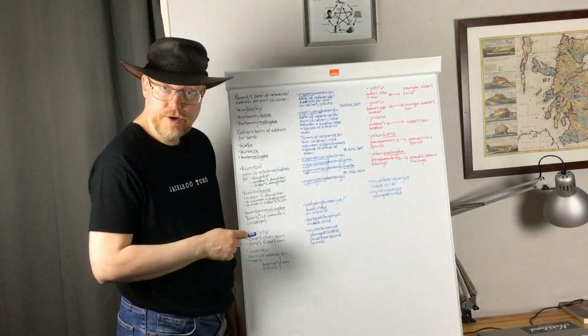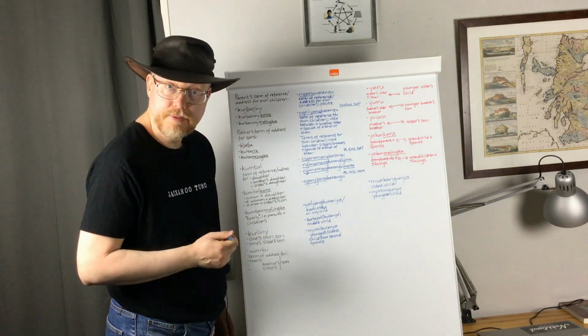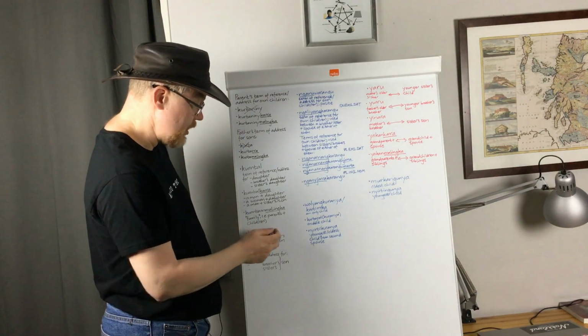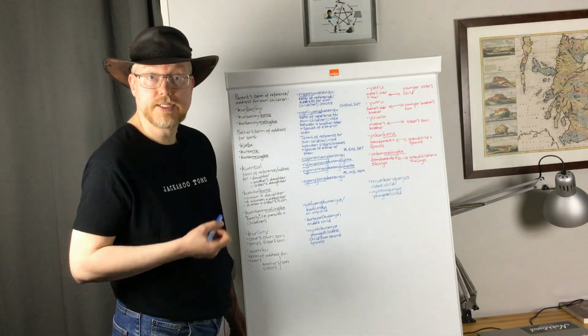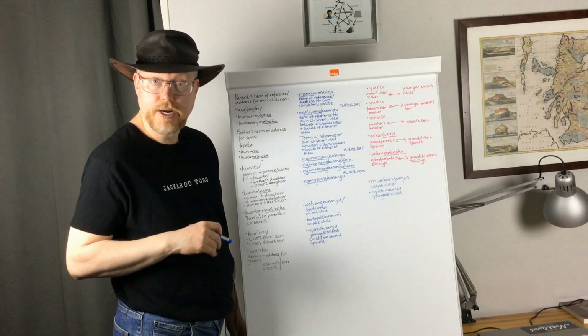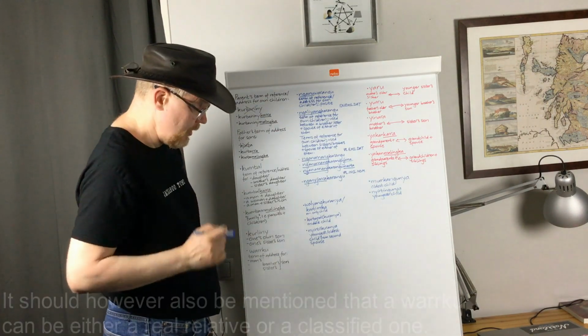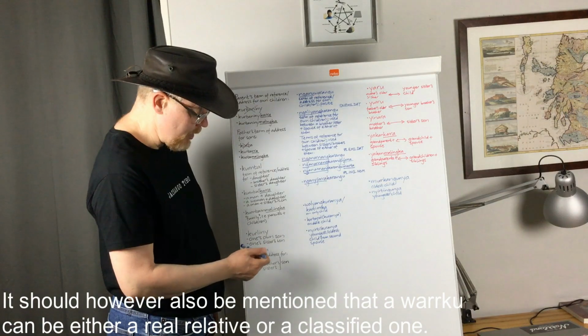At the bottom here, we have koring and wargo, where koring is one's own son or one's sister's son, so a biological relative. Whereas wargo is a term of address.